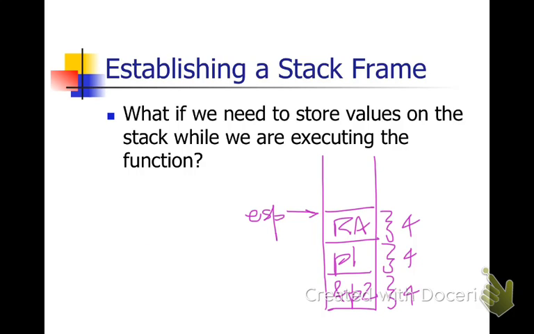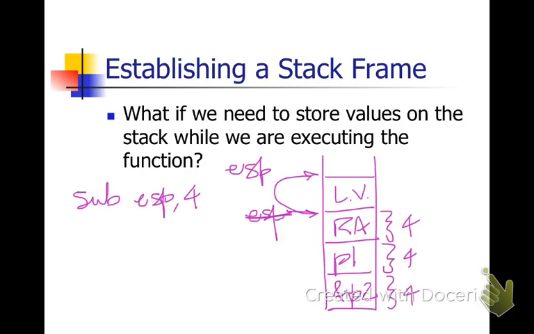In this case, to allocate local variables, I'm going to subtract from ESP, 4 bytes. What that's going to do is subtract 4 from whatever the value is. ESP is a pointer, so instead of pointing here, it'll be pointing 4 bytes in lower memory. So right here I've got local variable space.